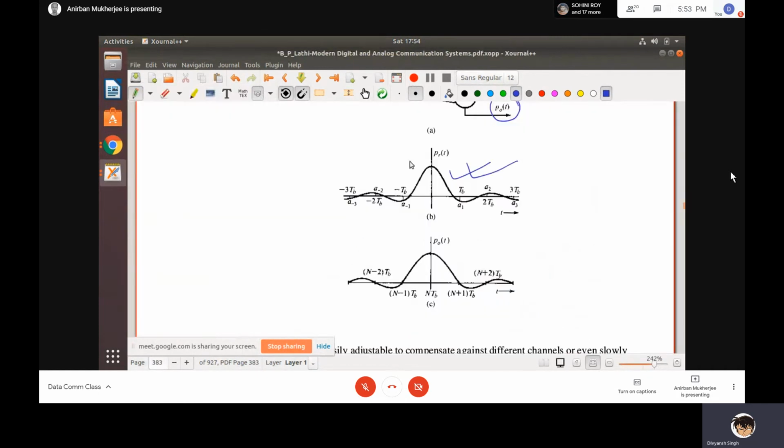Now this should be my output. At t equal to some NTb, forget about NTb for the time being, say I have all these points 0, then 1, then 0, 0, 0 kind.